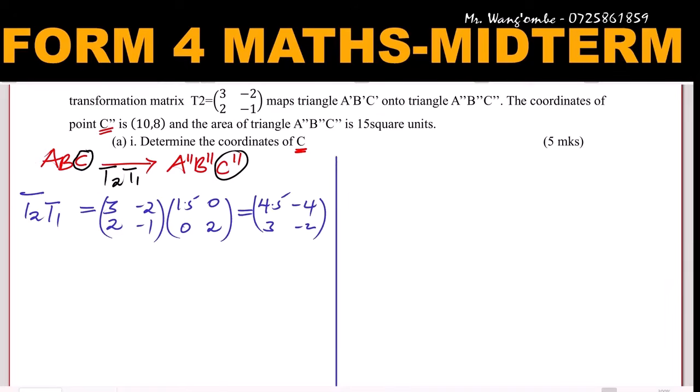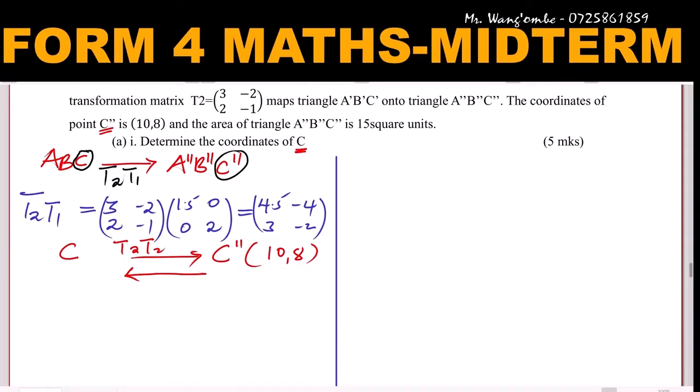So now after getting that, this is what is going to transform C to C double prime. So indicate it here. From C to C double prime, this is the matrix that is going to transform that. Now we want to get backwards, since we already have C double prime, which is 10, 8. We need now to move from the image to the object. So you're getting the inverse.